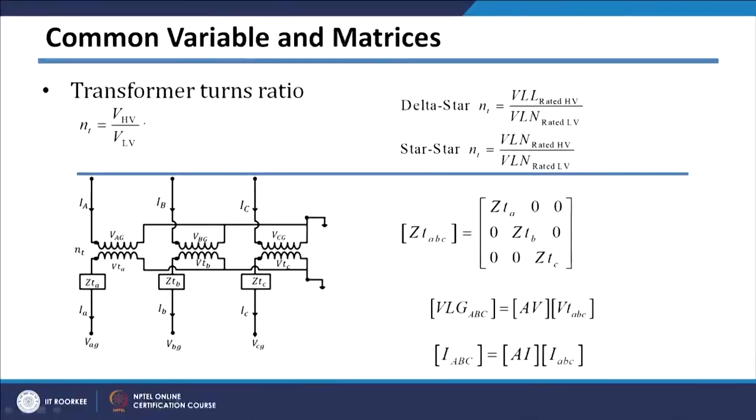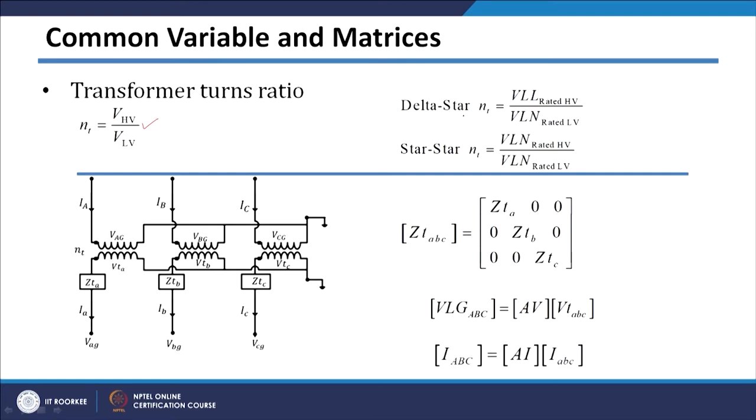Then we have seen other terminologies. In case of transformer ratio NT, we represent it by the rated voltage on the HV side divided by the rated voltage on the LV side.